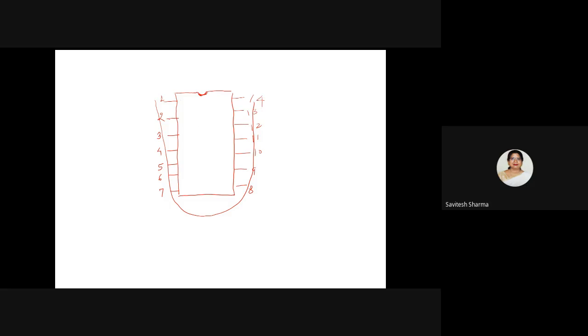Like this you recognize the pin numbers. You follow the U to count the numbers. You start from the top left hand side and go up to the top of the right hand side. For any IC you follow this rule.